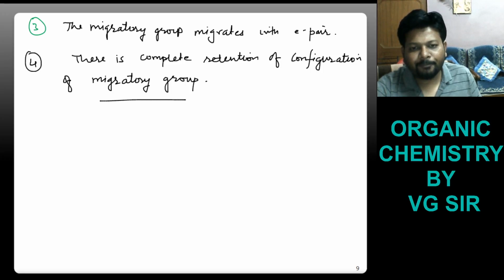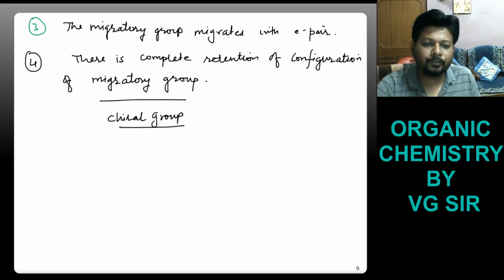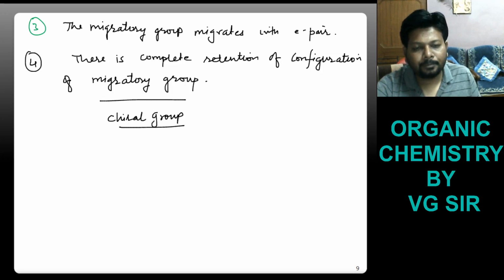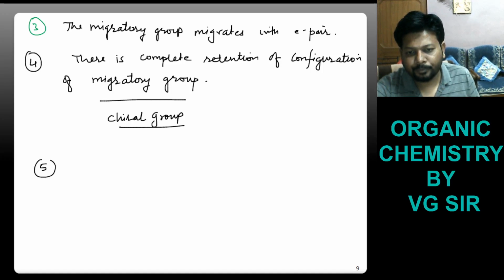That is, if the migratory group is a chiral group, then its configuration will not be changed after migration. So there will be retention of configuration.